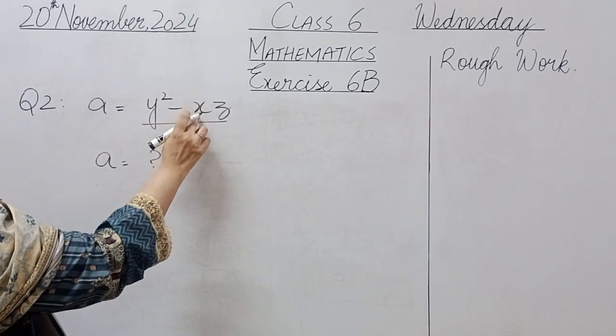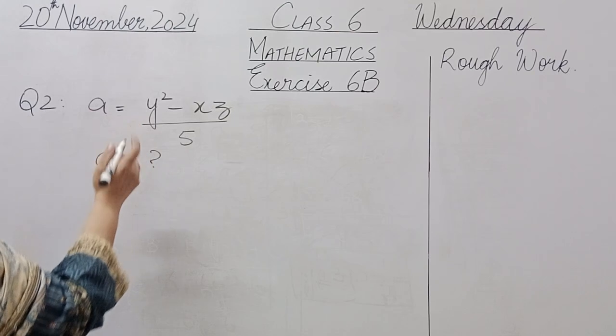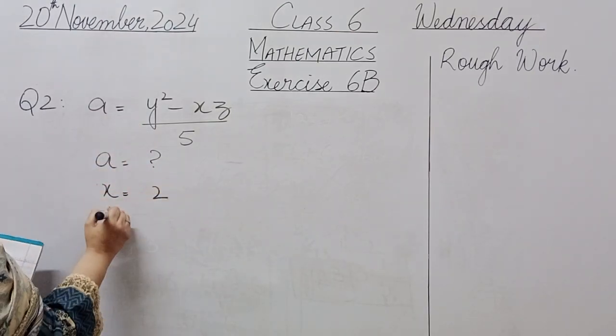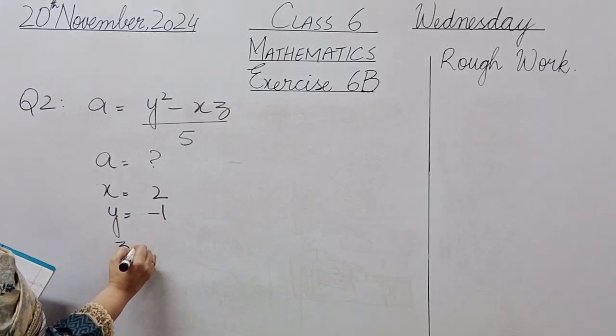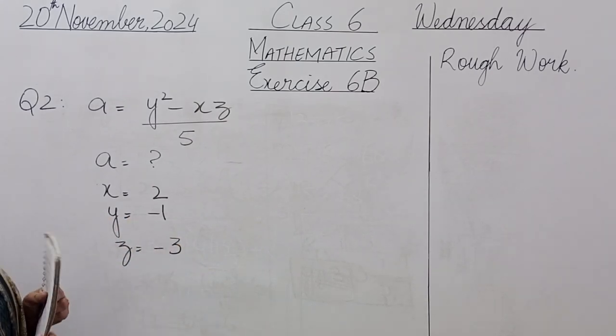They have provided us the value of the other variables. It is x is equal to 2, y is equal to minus 1, z is equal to minus 3, right?